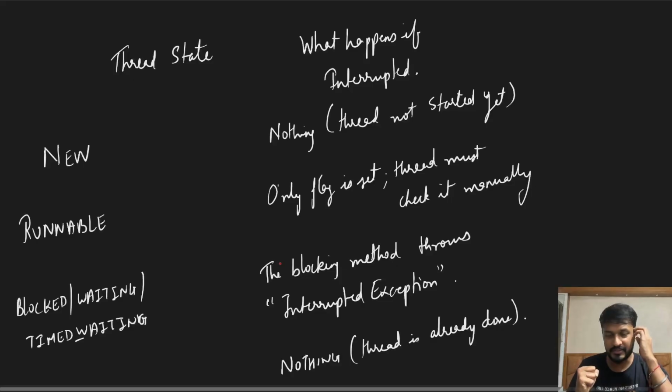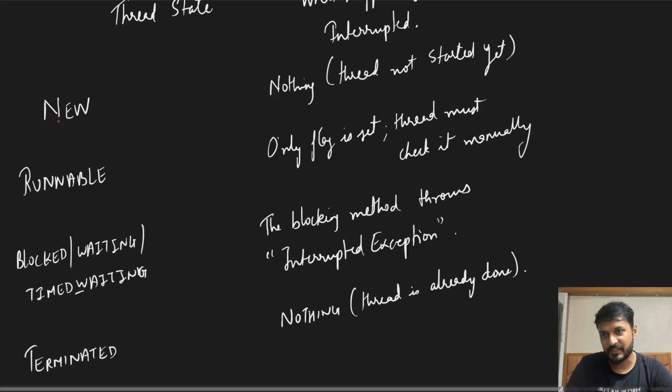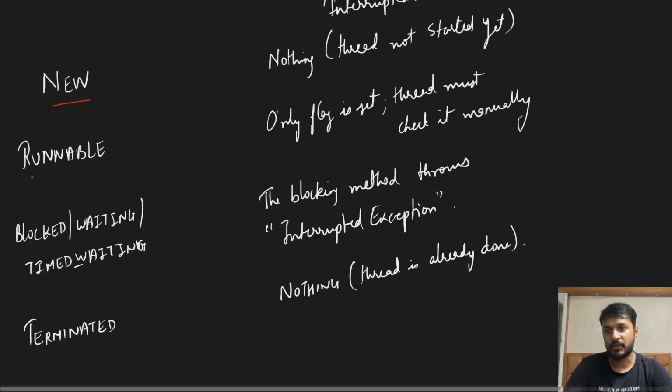Now this is a small table that tells you the relationship between the thread state and what happens when you interrupt it. Whenever a thread is in new state, we have just created a thread but not started it, and if you try to interrupt it, then nothing will happen because the thread has not yet started, right? Now in runnable, if the thread is running and you interrupt that thread, at that point only the flag is set, but that needs to be checked manually, right?